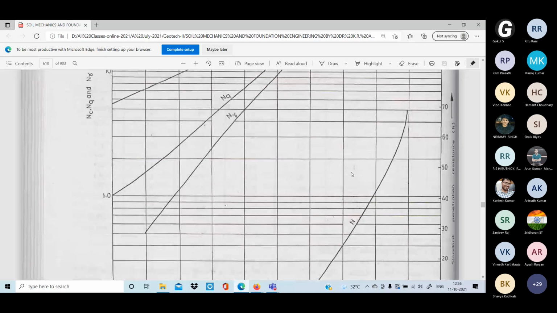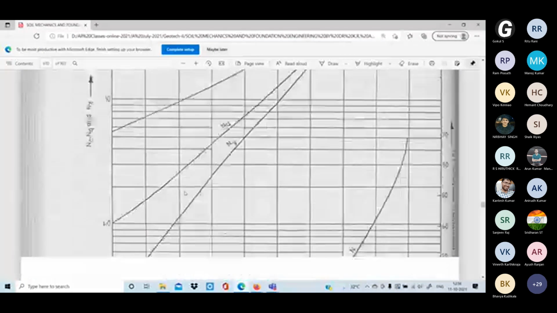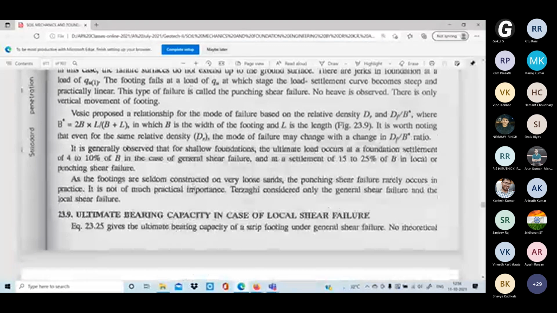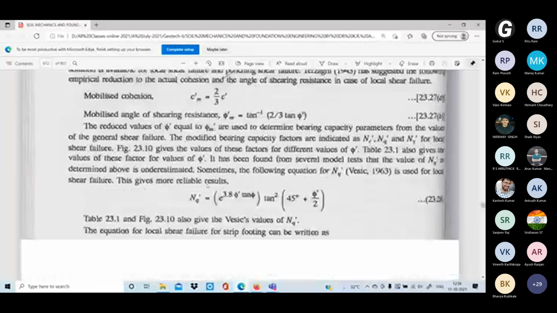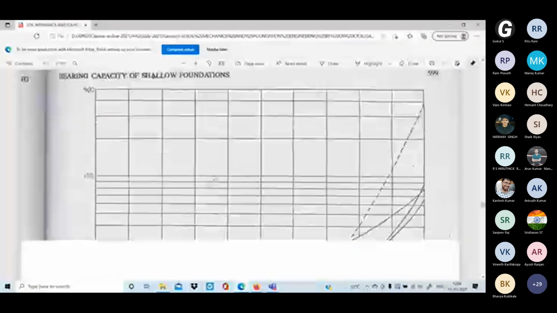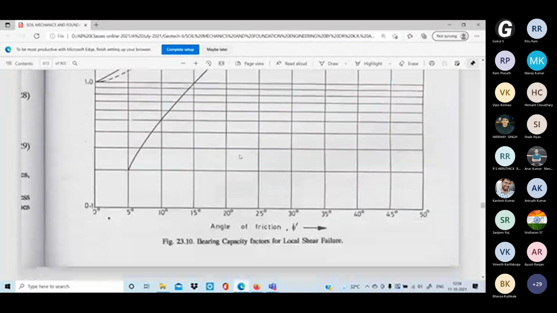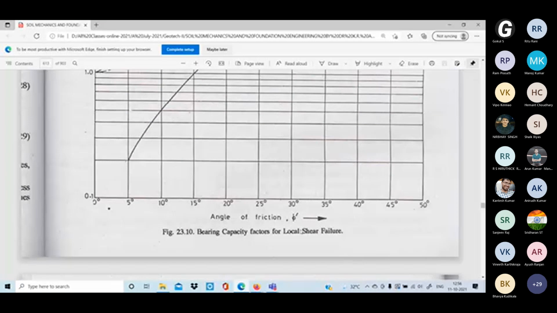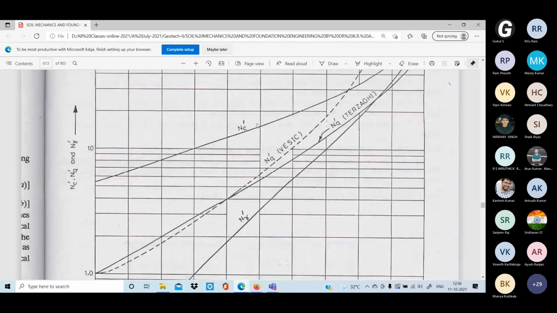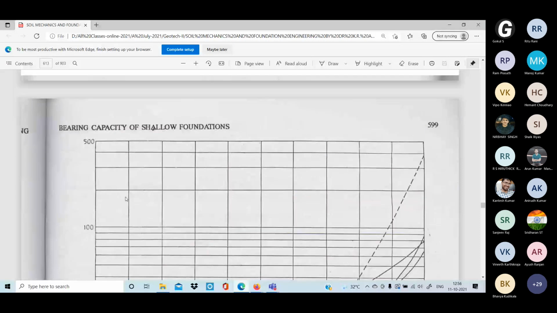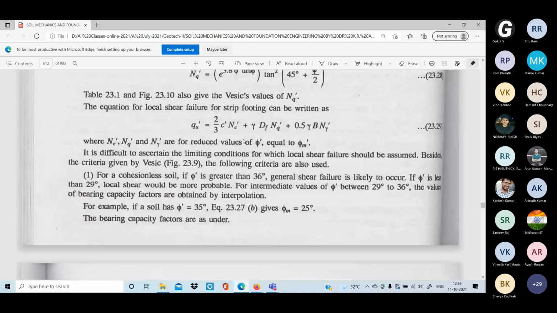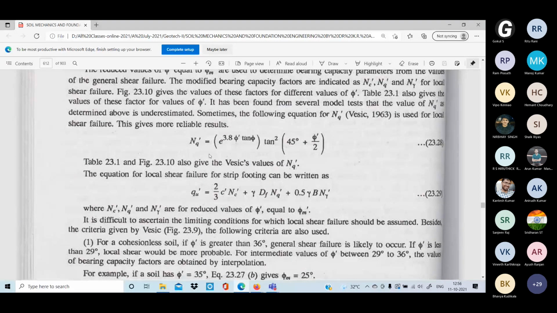And N prime, N dash, we have given for the local shear failure. In these charts, wherever the dash is there, it is for the local shear failure. And what other thing will change here?